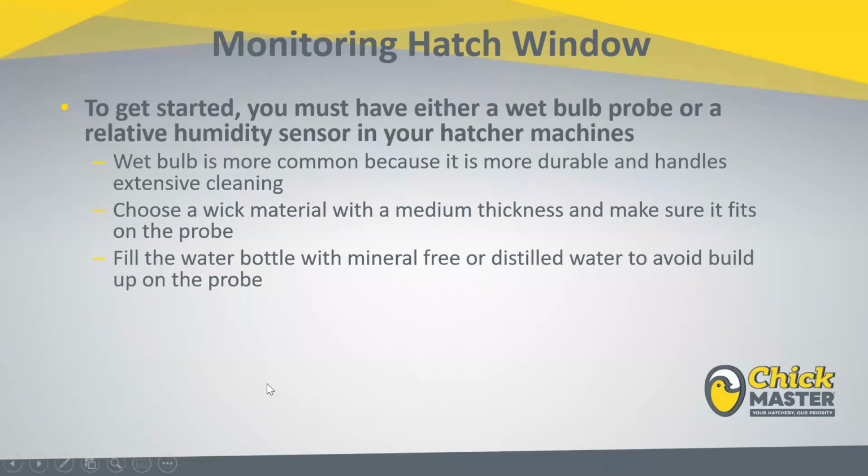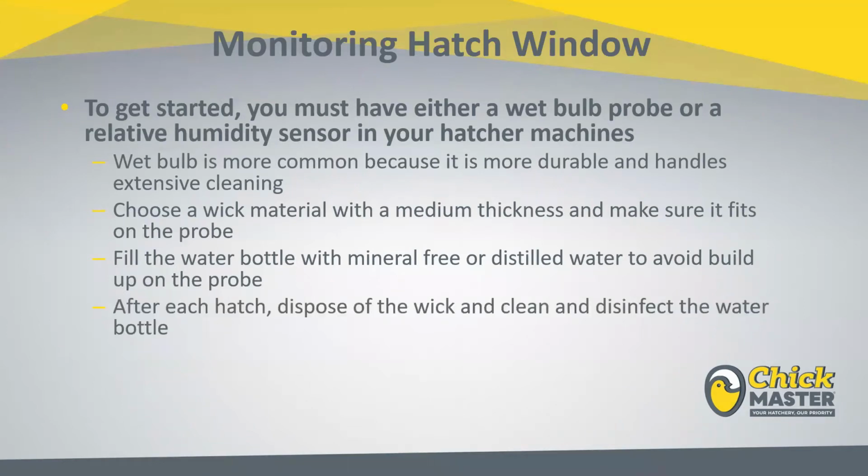Oftentimes too, we see that hatcheries that have a better process here, they're using either mineral-free or distilled water in their water bottles, and they're doing that because they oftentimes have a lot of hardness in their supply water at the hatchery. And over time, that hardness will just collect on the probe and then just cause either probe failure or a bad reading. So if you've got a lot of hardness in your water, make sure you do use a mineral-free or distilled water.